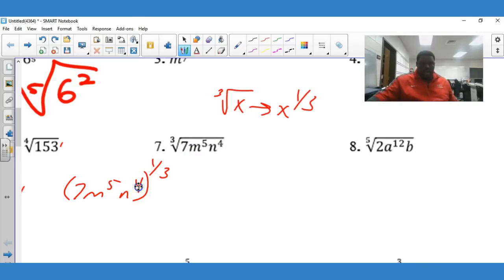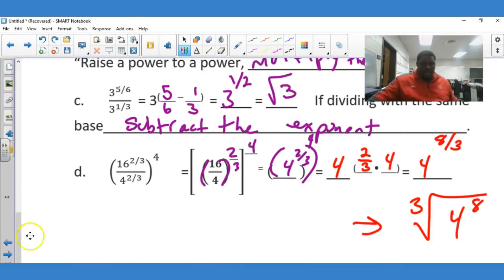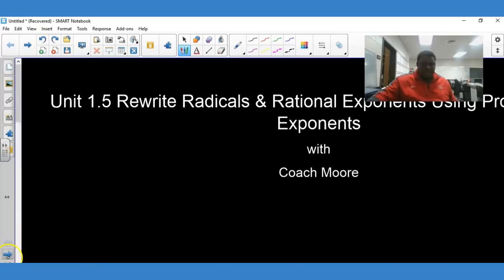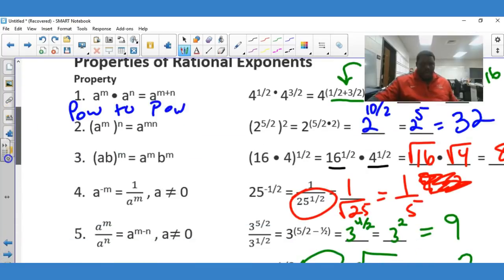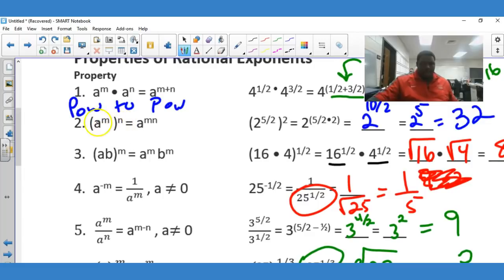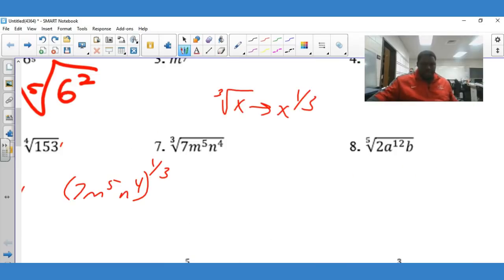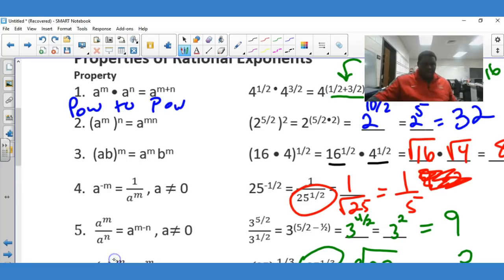Now, remember the rule from class today. Well, you have a power to a power right here. What do you do with those? A power to a power tells us we multiply the powers. Right here, the 7, there's one term. Before we address the power of the power, let's go back to our rules. See how there's different terms?